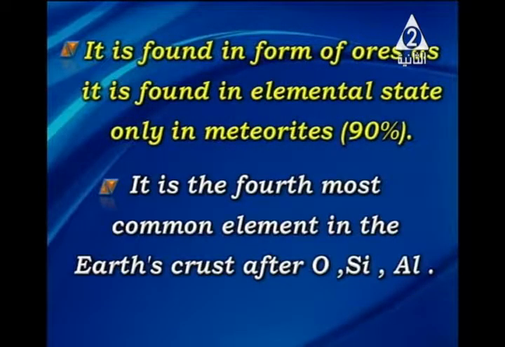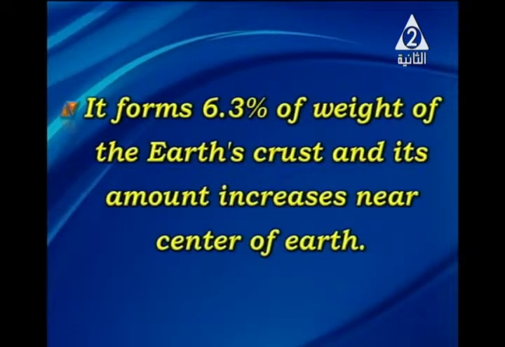Iron is the fourth most common element in the Earth's crust after oxygen, silicon, and aluminum. It forms 6.3% of weight of the Earth's crust, and its amount increases near the center of the Earth.